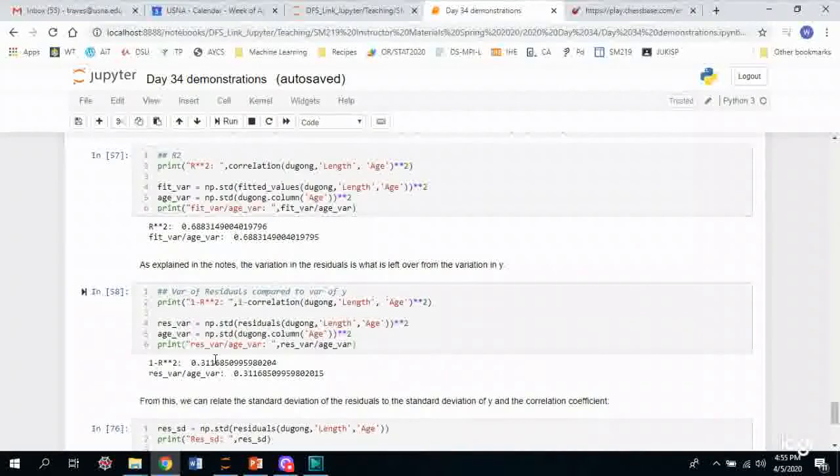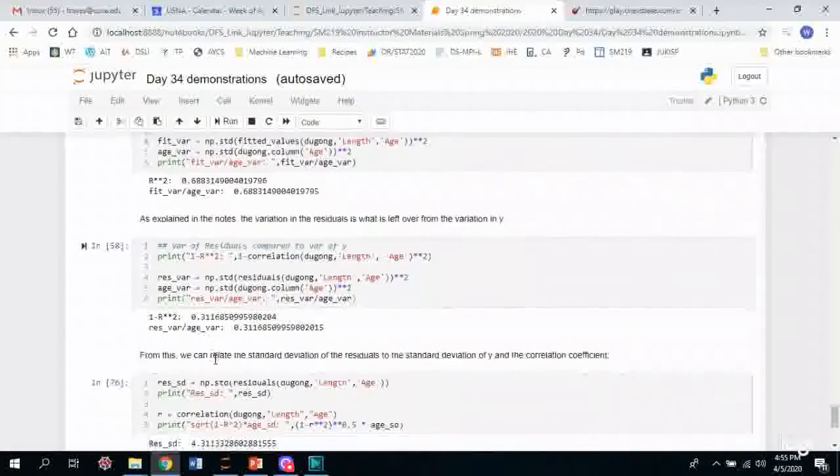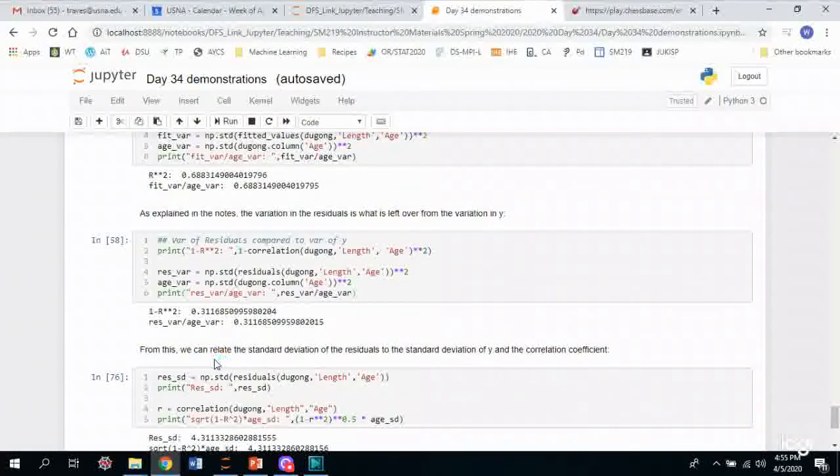As explained previously, the variation in the residuals is what's left over from the variation in y. And if you, again, take the variance of the residuals and divide it by the variance of the age, you find you get 1 minus r squared here.